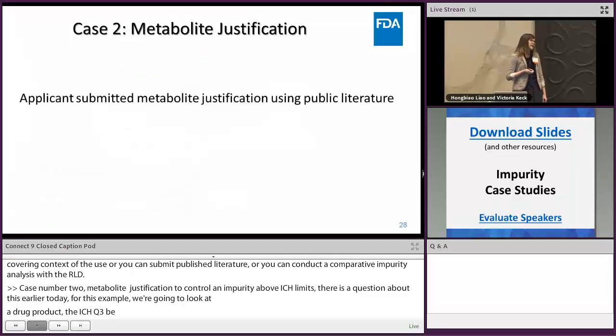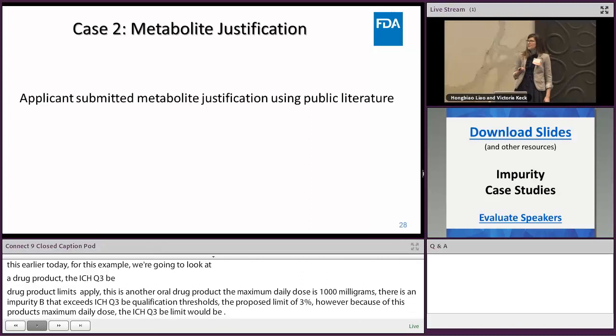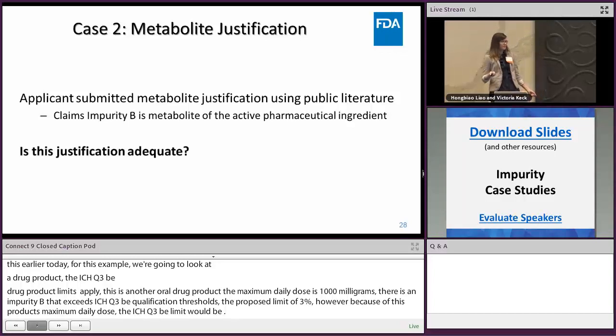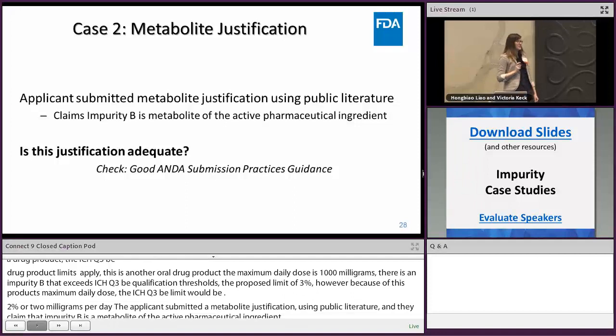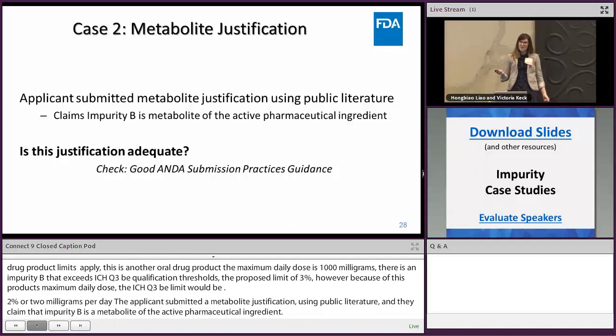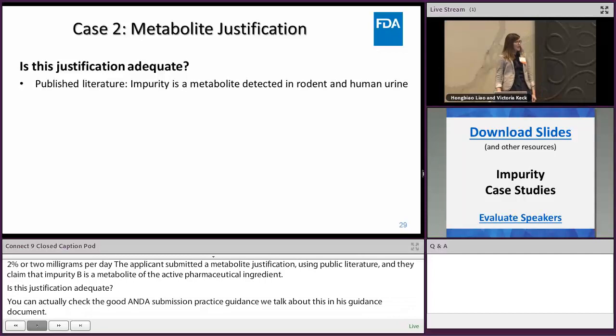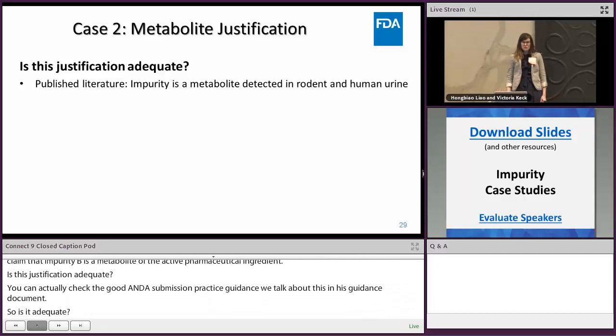The applicant submitted a metabolite justification using public literature, and they claim that impurity B is a metabolite of the active pharmaceutical ingredient. Is this justification adequate? You can actually check the Good ANDA Submission Practices Guidance. We talk about this in this guidance document. So is it adequate? They did provide published literature, and it did show that this impurity is in fact a metabolite that is detected in rodent and human urine.